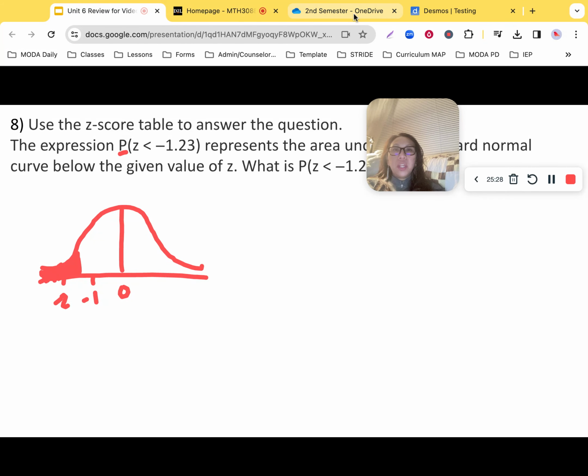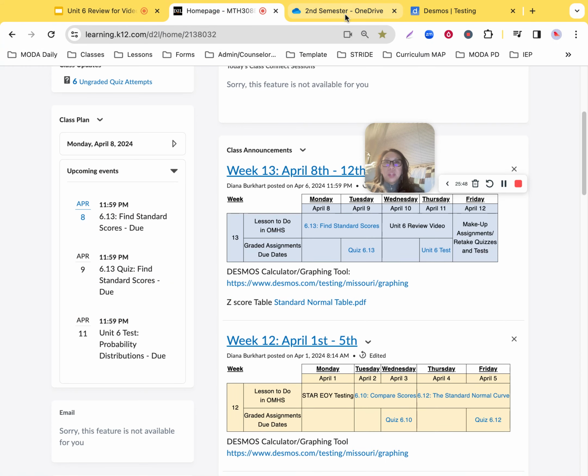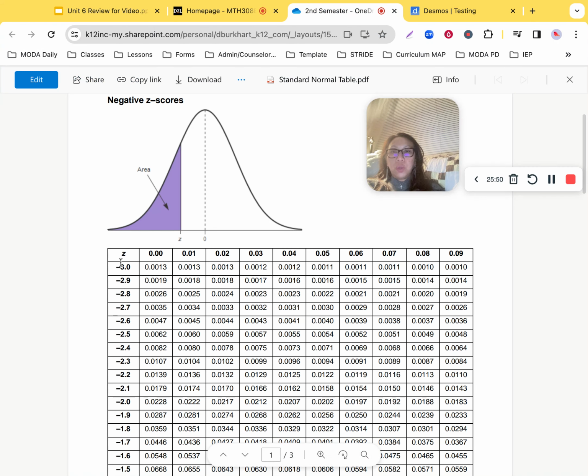So how we are going to use this table: first we look at the first whole number here, which is -1, and the first decimal place, which is 2. So -1.2 in the first column of your table. That's where we find the z-scores, in the first column.